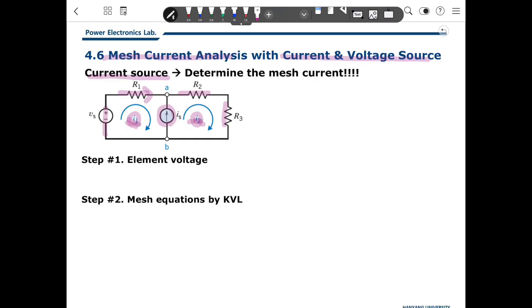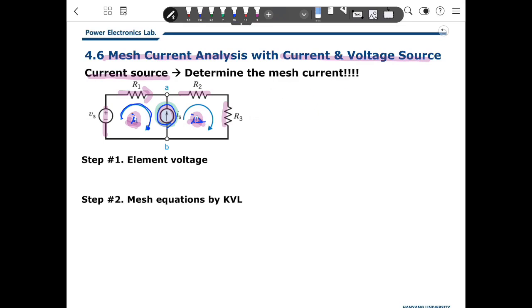For example, because there is one current source here, and we define this mesh current I1 and this I2, then that current source IS gives us a good point: IS is minus I1 plus I2. So without any analysis, we can get that. We should use that characteristic of the current source in mesh current analysis.